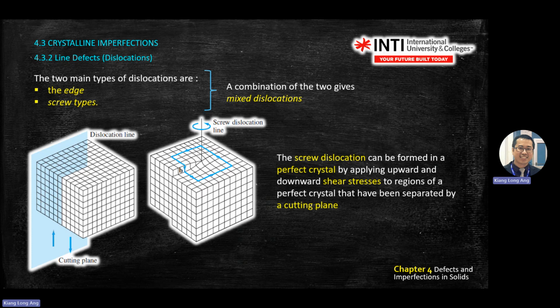The Burgers vector will move in the screw behavior. Okay, so the screw one is three-dimensional. Right, it's three-dimensional. For this one you use the right hand rule. This one goes up, then your fingers follow the arrow. Right hand rule.